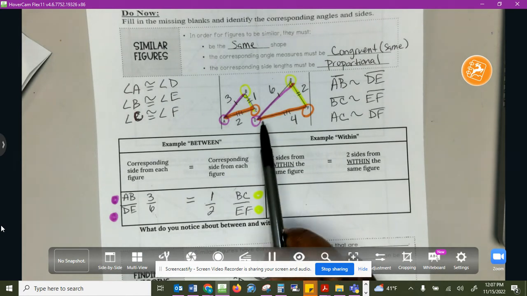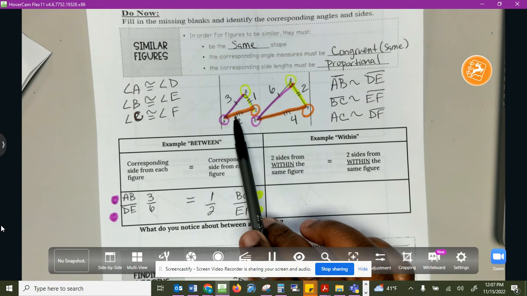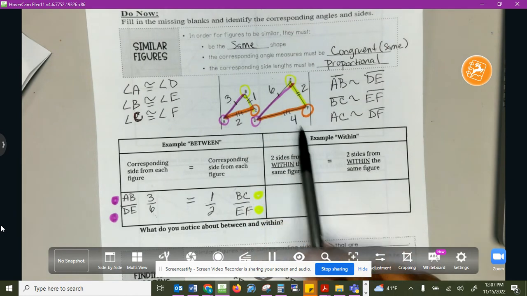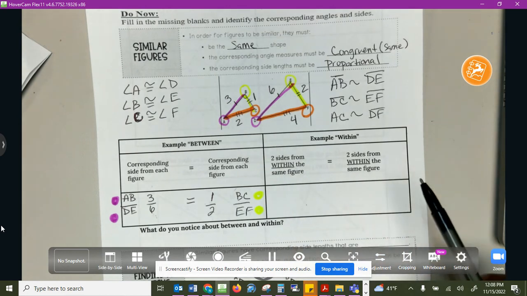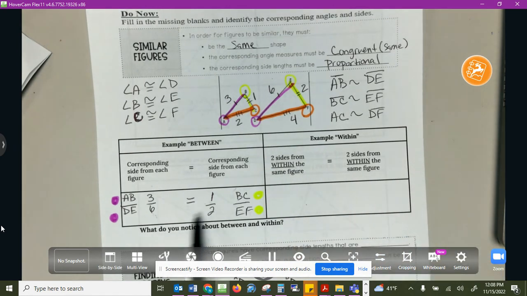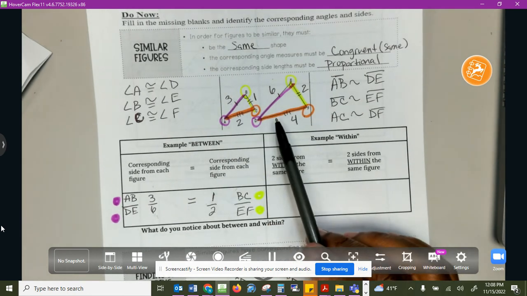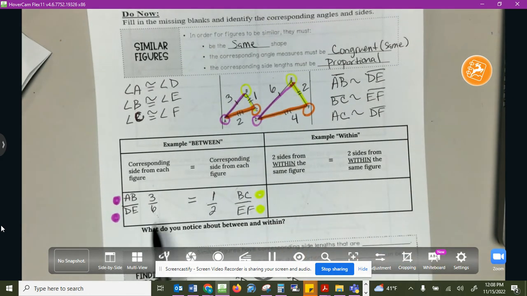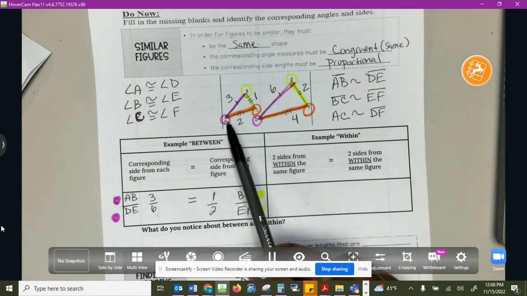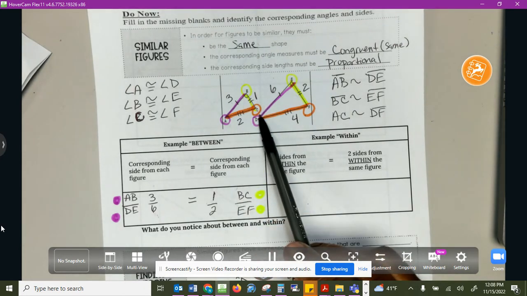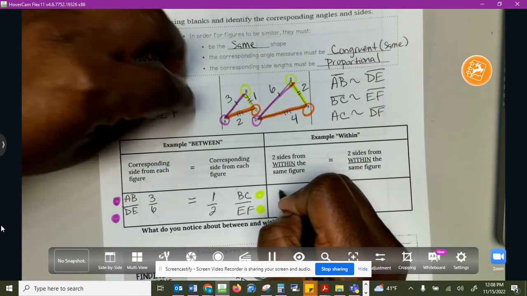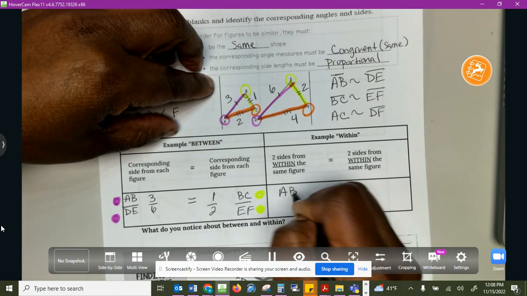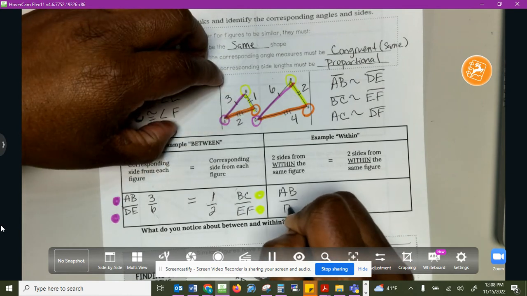So let's talk about within. Within just means that I'm going to take two sides from the same shape, and then I'm going to take the same corresponding to those from the same shape. So if we use the same letters, this time I can say AB to BC.